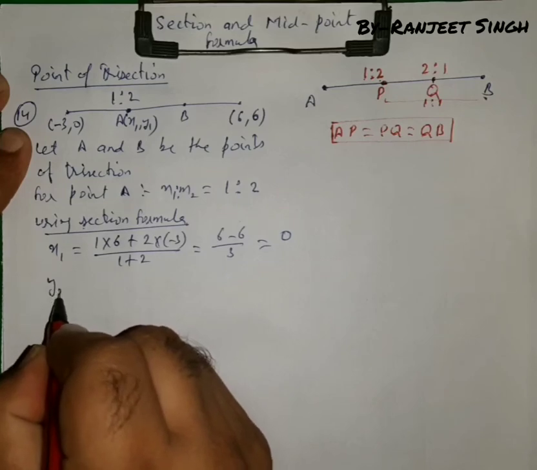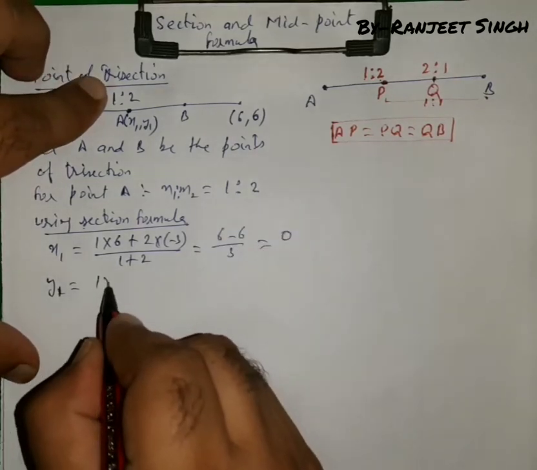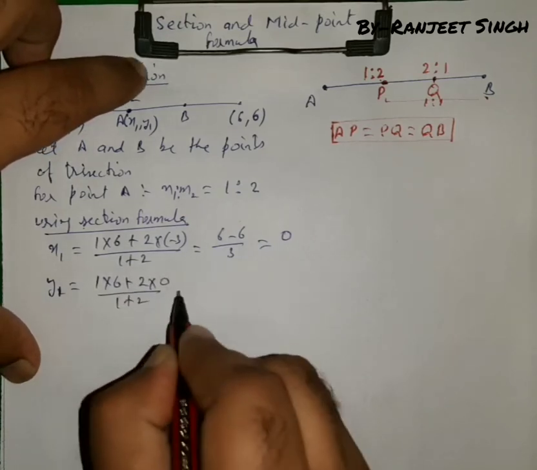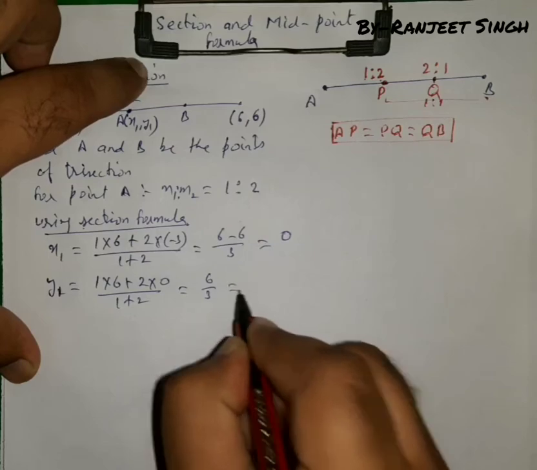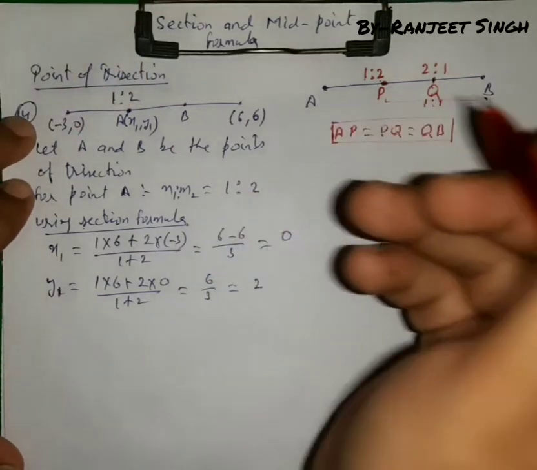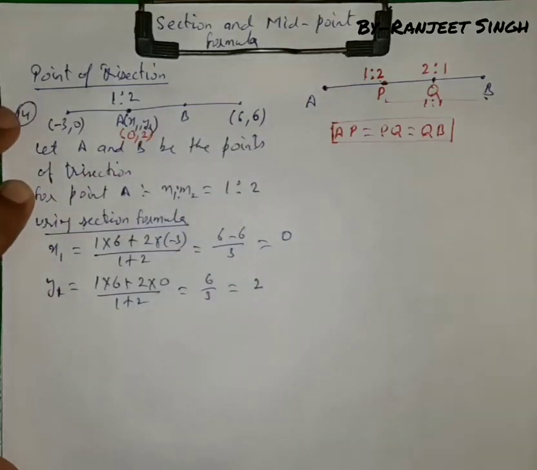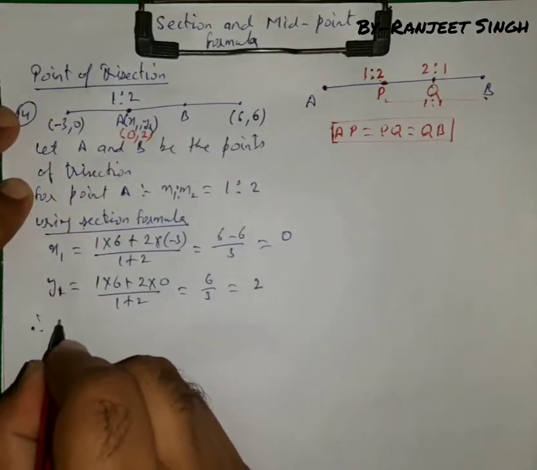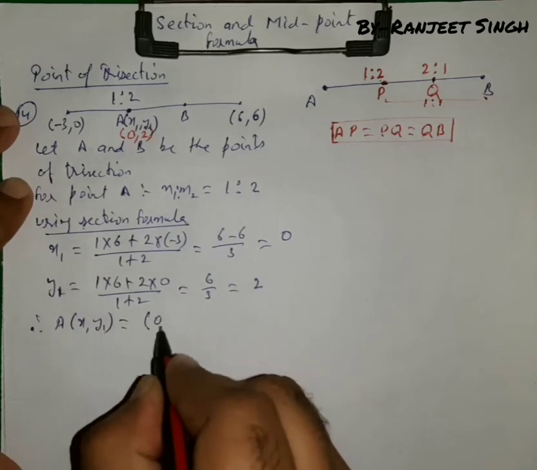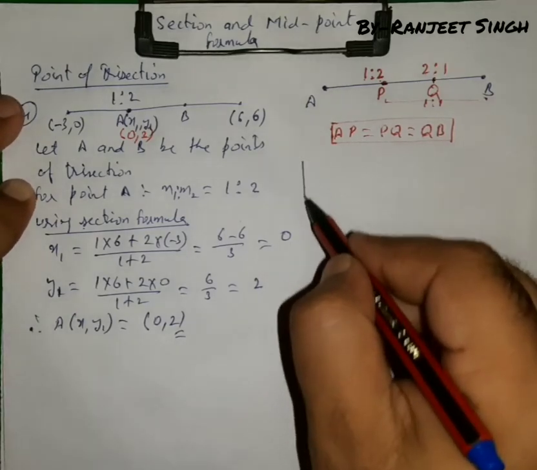Similarly y1 will be equal to 1 multiply 6 plus 2 multiply 0 over 1 plus 2, so that is 6 over 3, which is equal to 2. Therefore coordinates of A are x1, y1, that is 0, 2. So this is the first point of trisection.